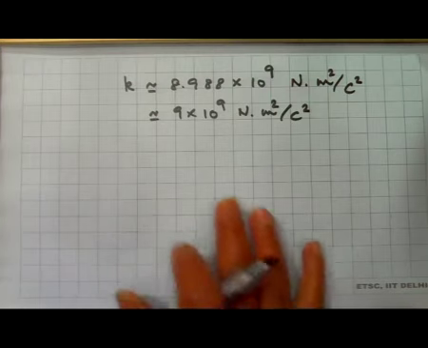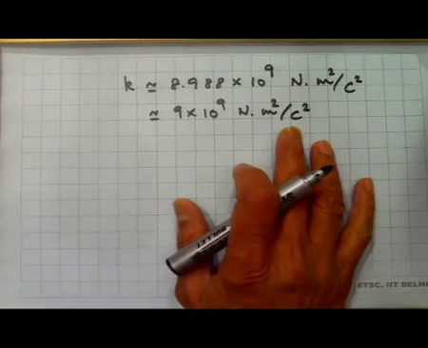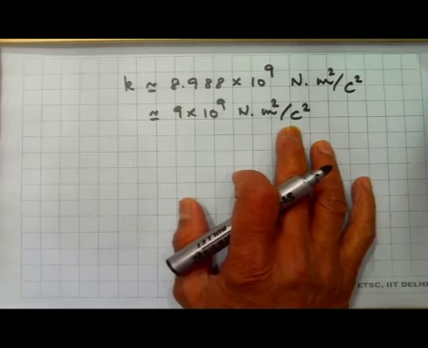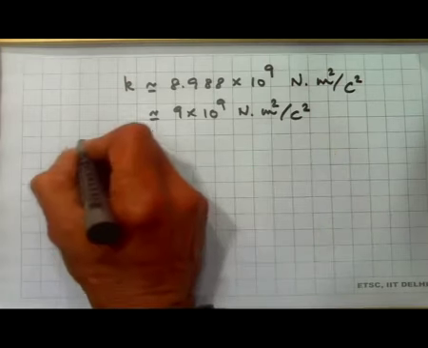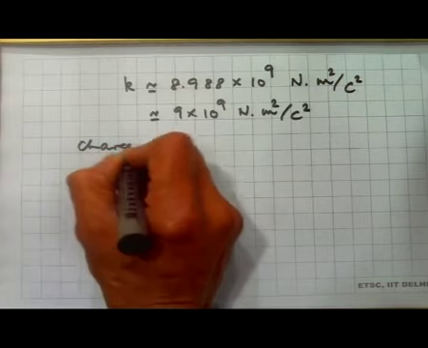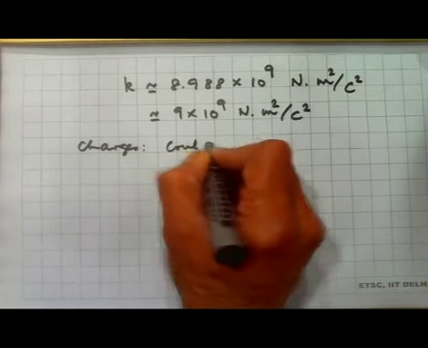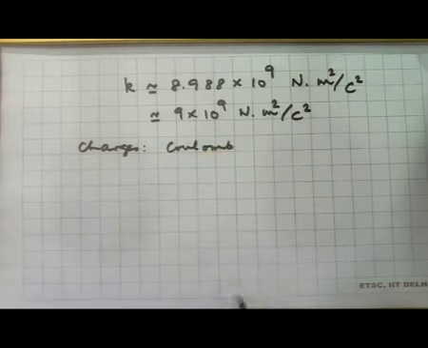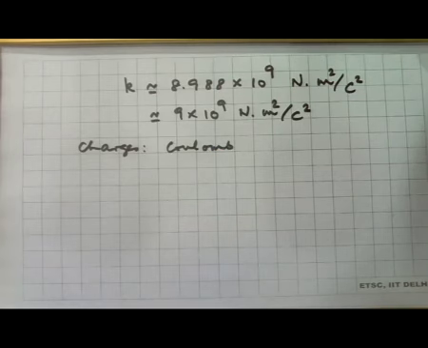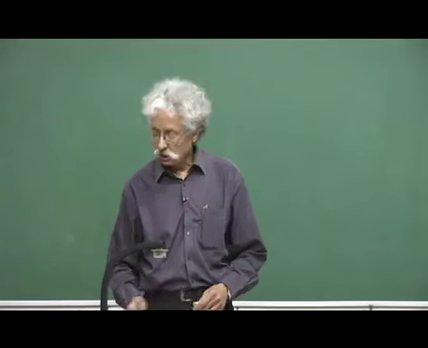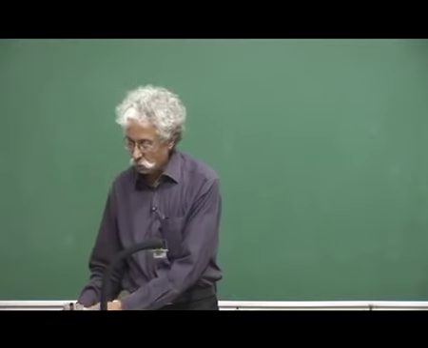This is the value which we will use, and it is in SI units, and the charges are defined in terms of Coulomb. The unit of charge is a Coulomb, which I had defined earlier, and the electronic charge is 1.6 into 10 to the minus 19 coulombs.